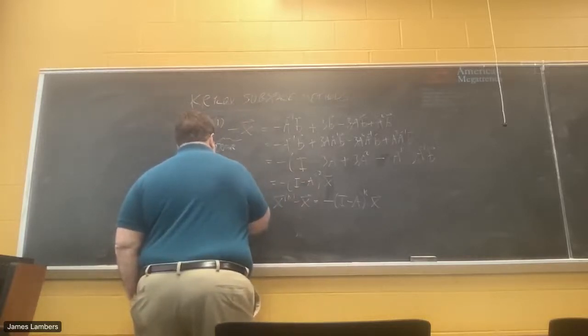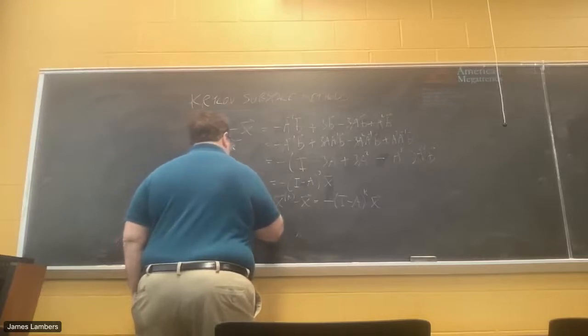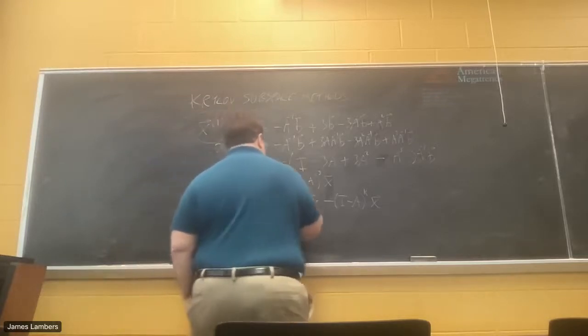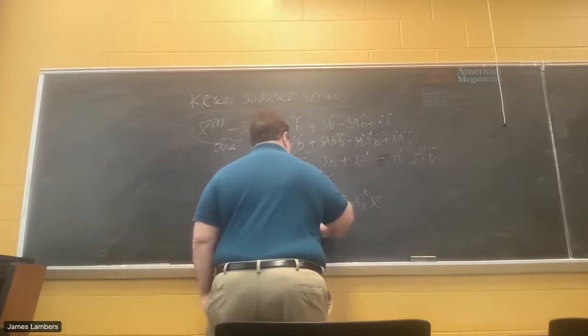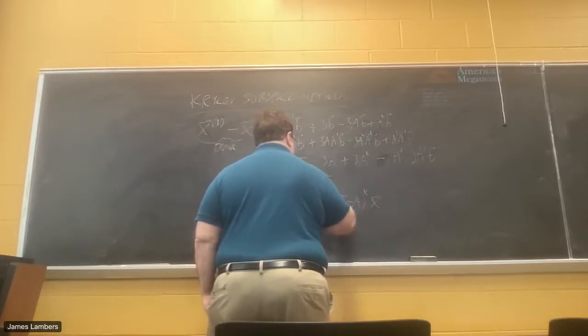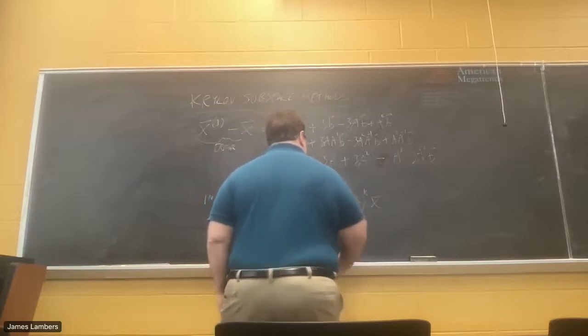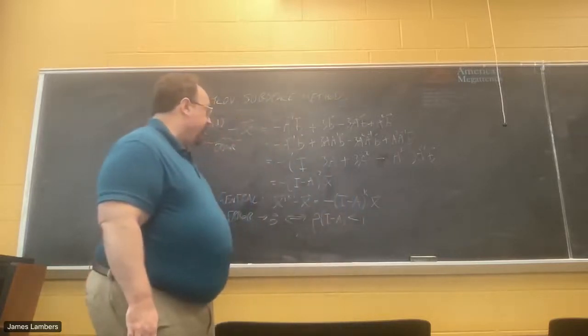So this means the error goes to 0 if and only if the spectral radius of identity minus A is strictly less than 1.